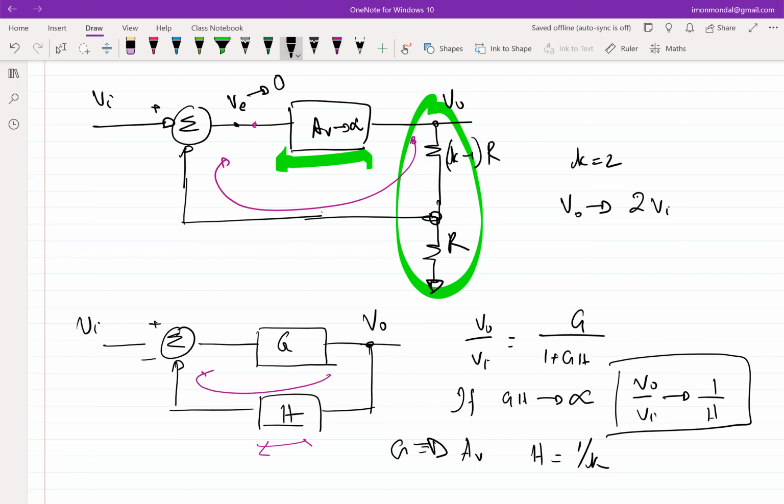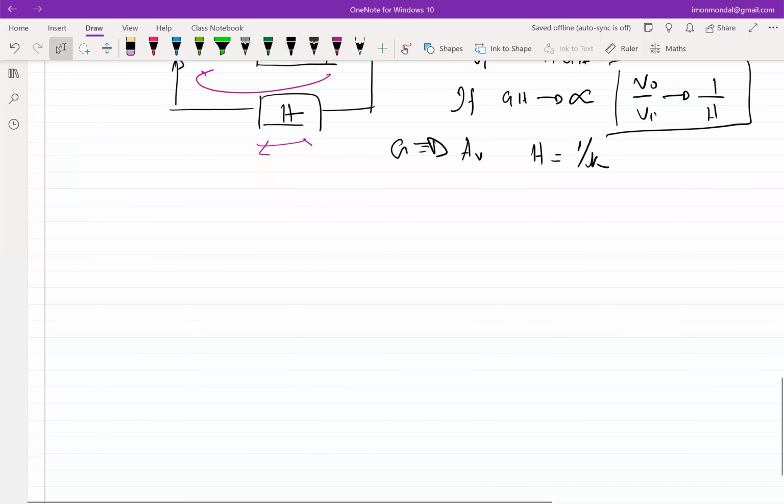Okay. So now let's replace this AV with the only block that we know, that is the common source amplifier.